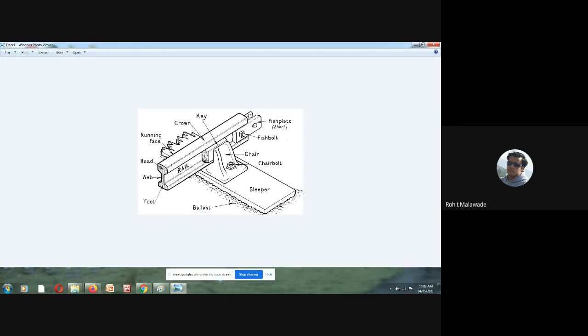There is the closing of the successive expansion spaces at the rail joints in the direction of creep. Suppose it is moving in a forward direction. The closing of the successive expansion spaces occurs, and the joints open out where the creep starts.